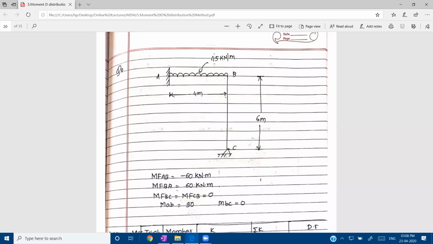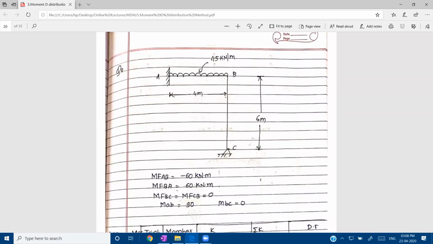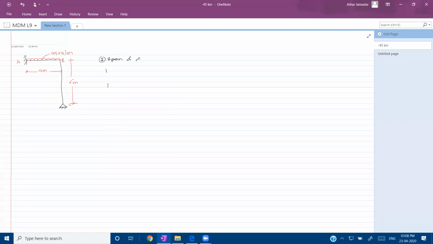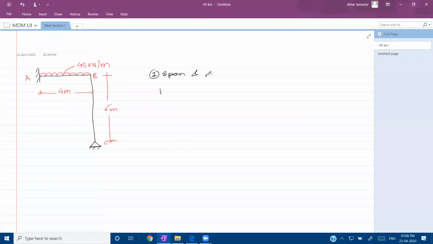So if you see span AB, which is carrying a UDL, ultimately the span moment MAB will be WL square divided by 8.